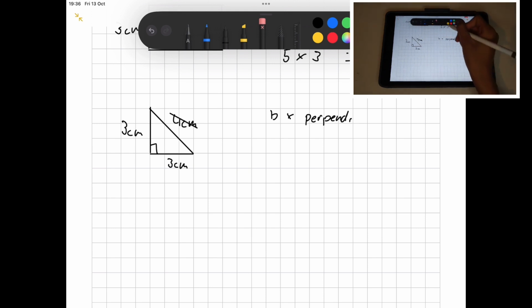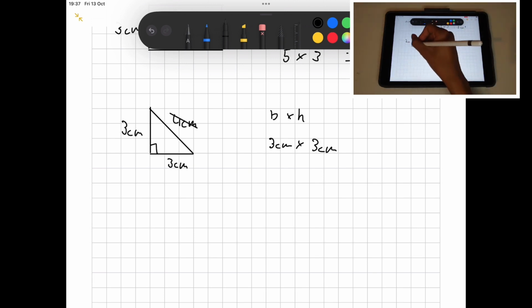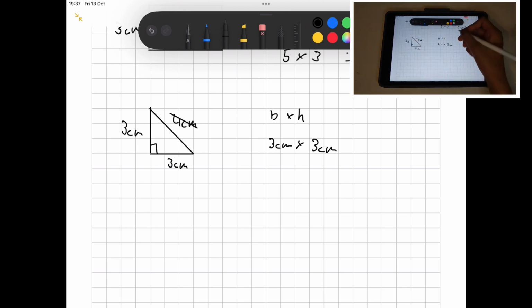I can't spell perpendicular. What you want to do is base times height, but you want it to be perpendicular height. And so the base in this scenario would be 3 centimeters times 3 centimeters, because perpendicular is at a right angle, as usually made clear by the little square, and that'll give us 9 centimeters squared.